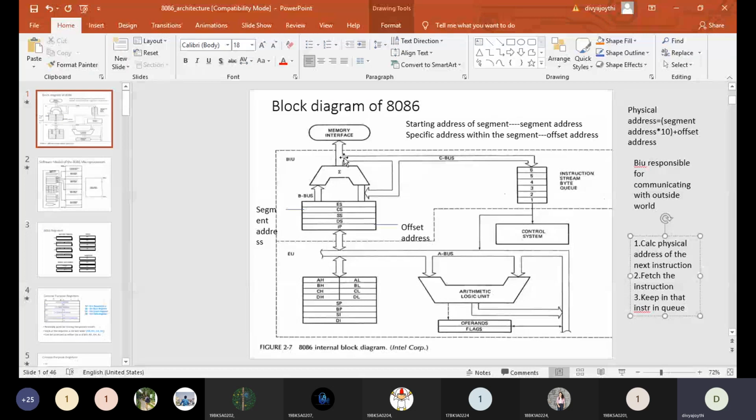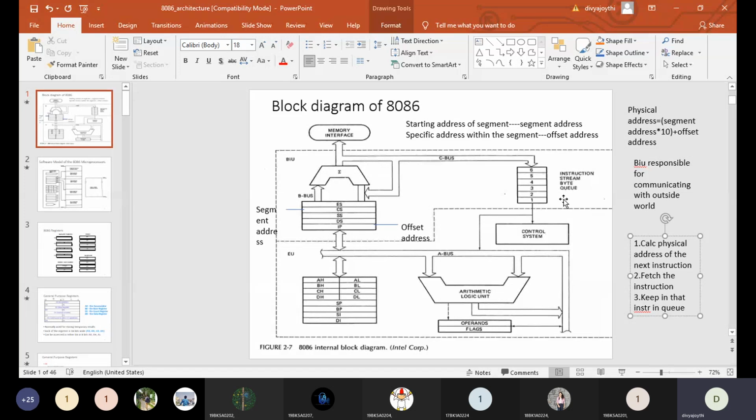Through this particular bus, that instruction is filled into this particular queue. This process continues until the queue is filled up. As I told you in the features, the 8086 queue is of 6 bytes size, so at a time it can store 6 bytes of program.